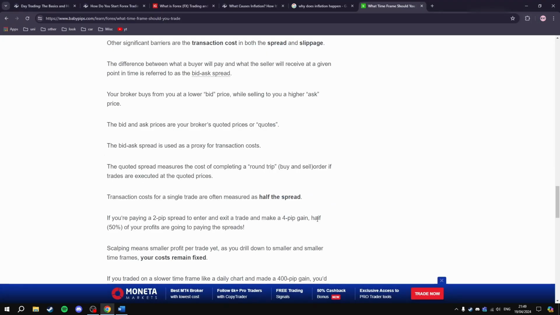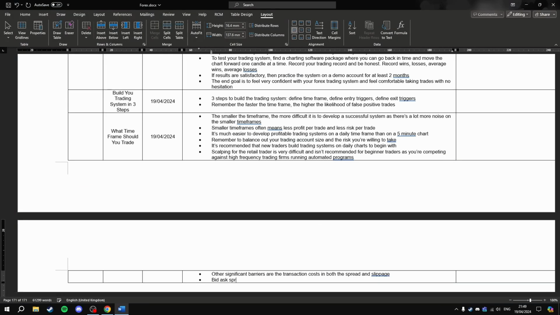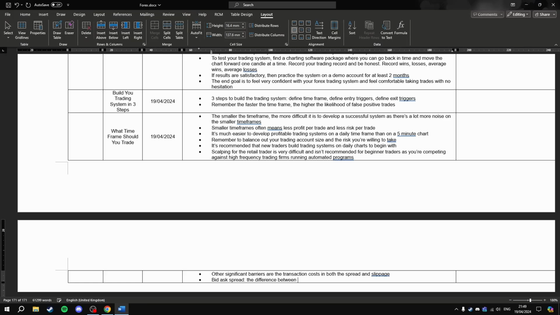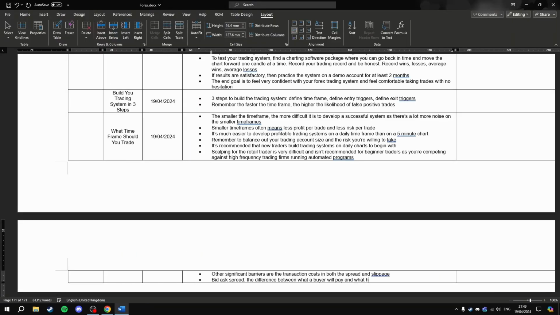The difference between what a buyer will pay and what the seller will receive at a given point in time is referred to as a bid-ask spread. Bid-ask spread: the difference between what a buyer will pay and what the seller will receive at a given point in time.